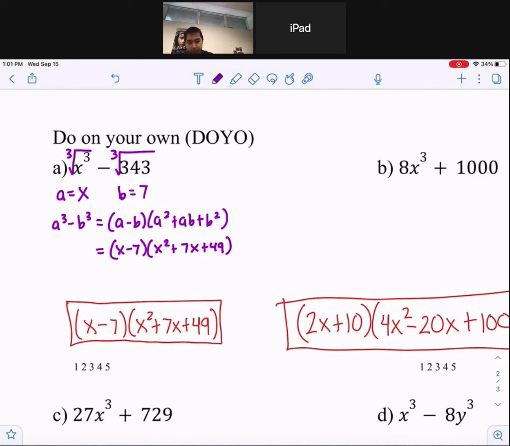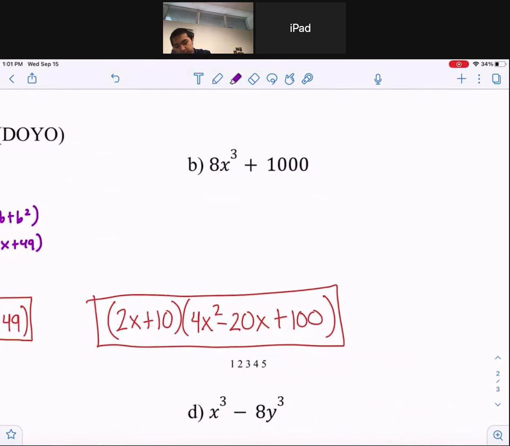Part B. These are both perfect cubes, so cube root. A is going to equal 2x. B is going to equal, what times itself three times is 10... 1000, so 10. Now we've got the a cubed plus b cubed formula: a plus b, a squared minus ab plus b squared.